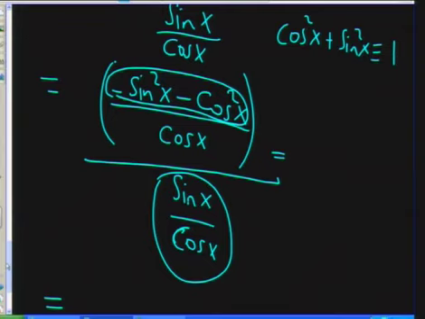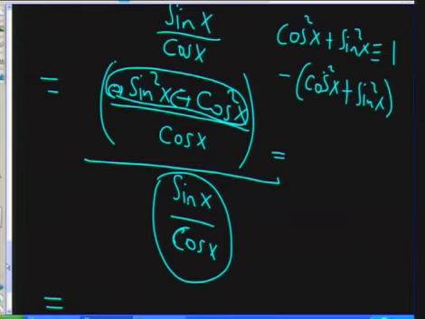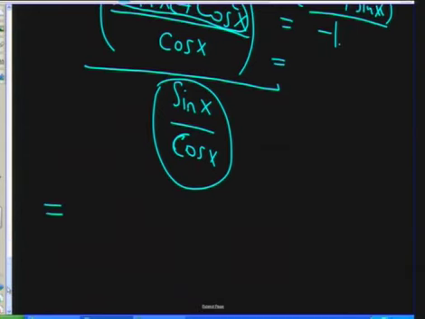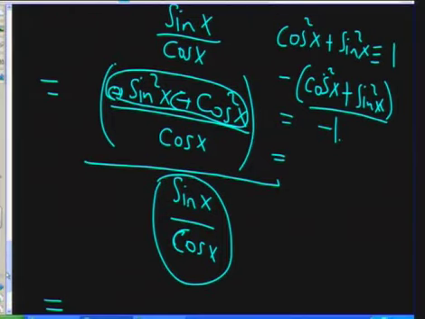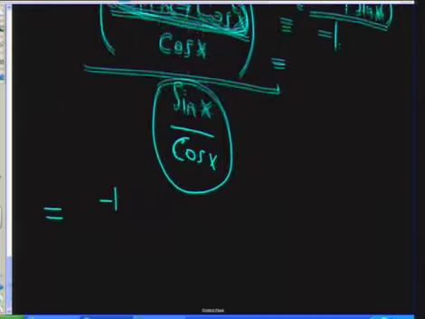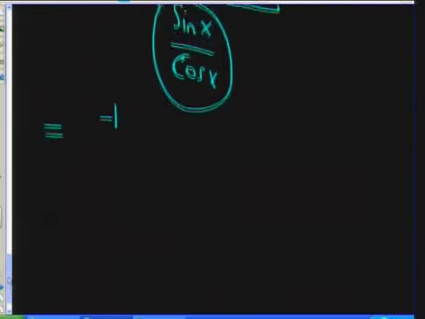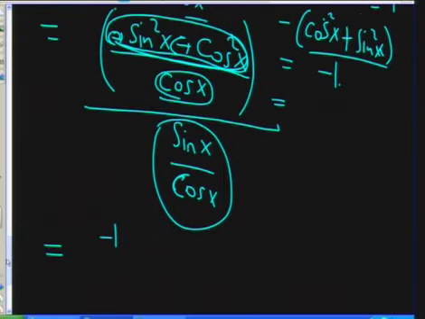So if I factor out the negatives, our numerator is going to be negative, cos squared x plus sine squared x. But remember, the expression inside the bracket is equal to 1, so the numerator can be expressed as negative 1. So I am going to rewrite it for your convenience. This is negative 1. Let me just extend my page. And then don't forget about this denominator. It's cos x.